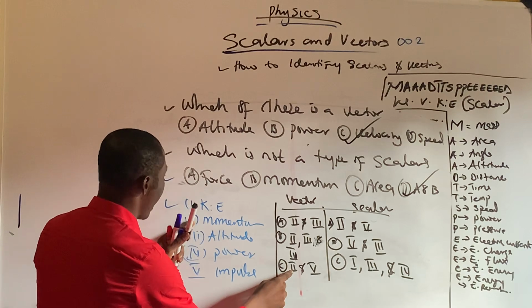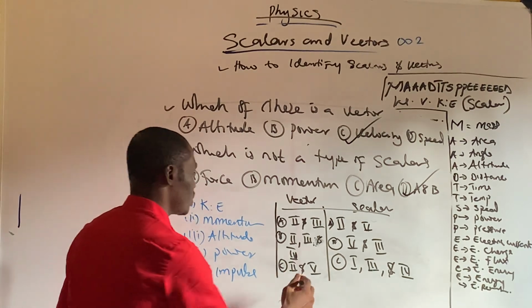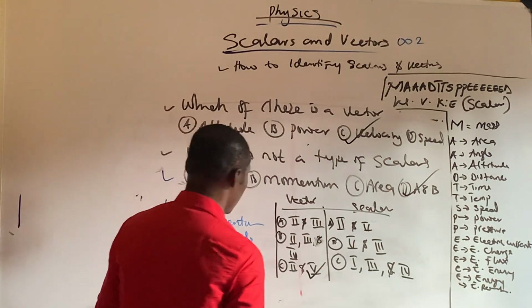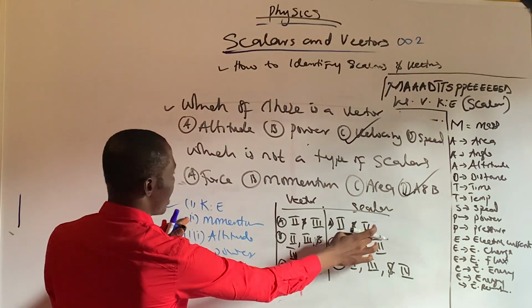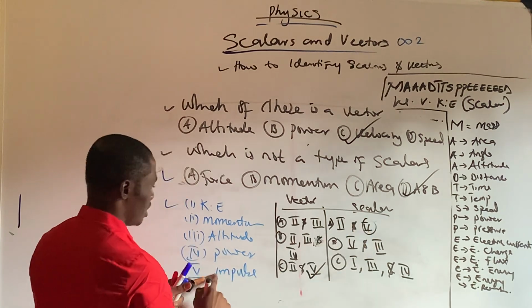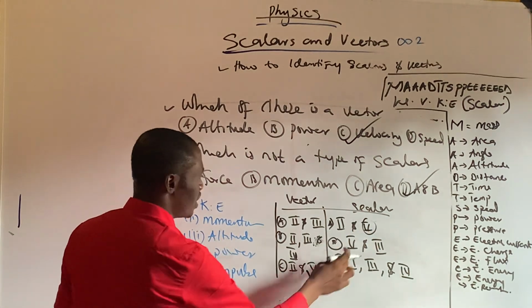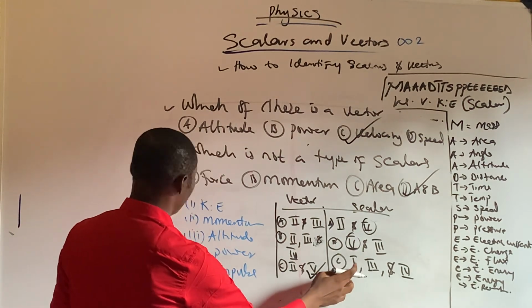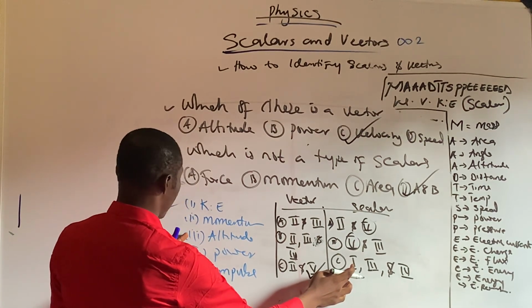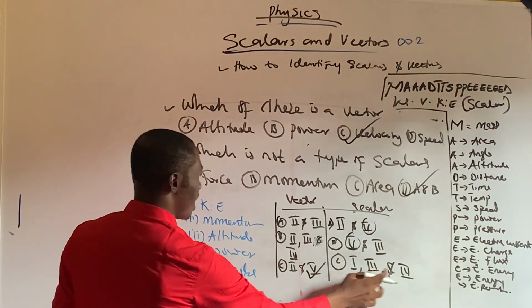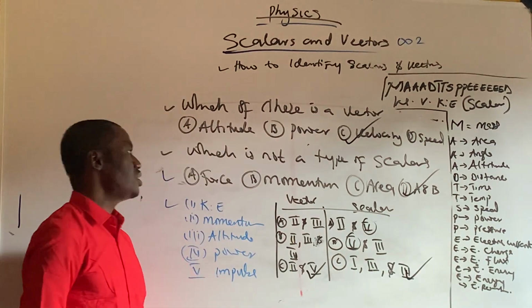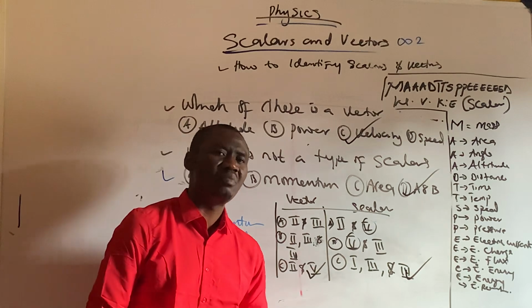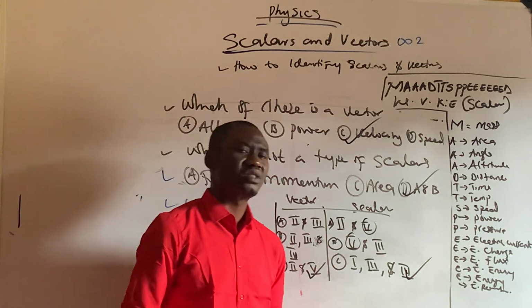We have II, momentum, and V over there is impulse. Impulse is a vector. So the answer should definitely be II and V. So this is the answer to that question. These are the questions that will appear when you want to identify vectors or scalars.